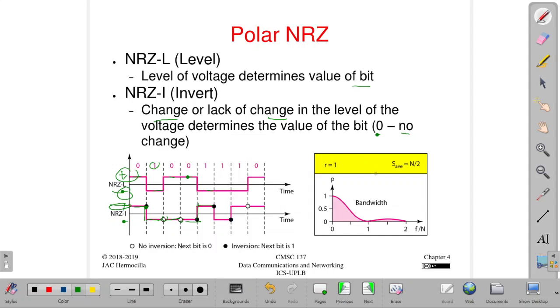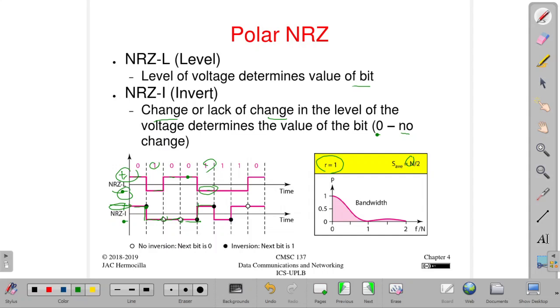And these are the characteristics of this encoding scheme. R equals 1, meaning obviously you have one data element for one signal element, so R equals 1, and we have the bit rate here, or average signaling rate, which is N over 2. So remember, N is the bit rate.